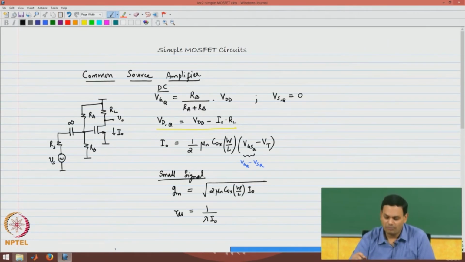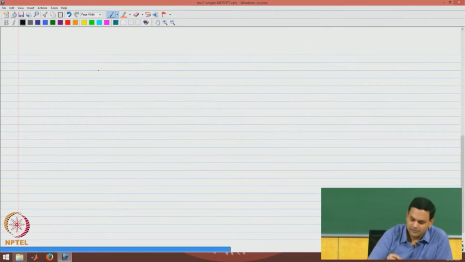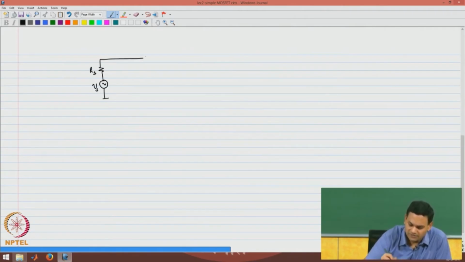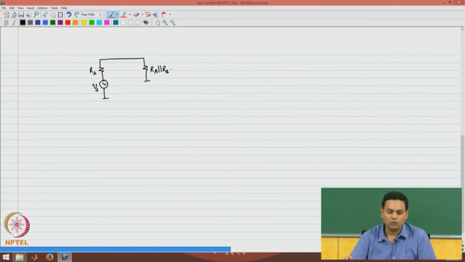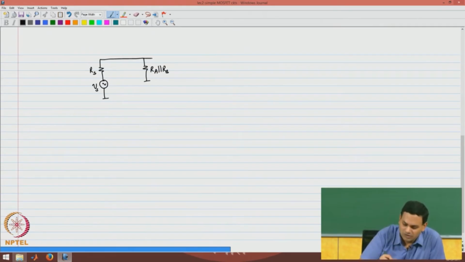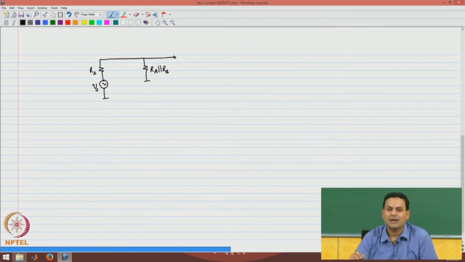Now, once you know the small signal parameters, the next step is to build the small signal equivalent circuit for this amplifier. The capacitor happens to be a short circuit because it is an infinite capacitor. VDD is signal ground, and therefore, RA and RB appear in parallel at the gate of the device.